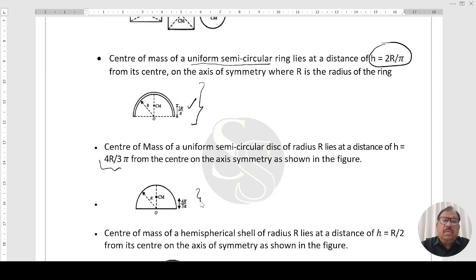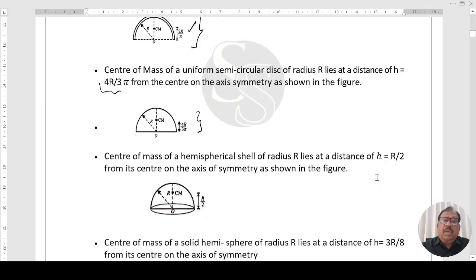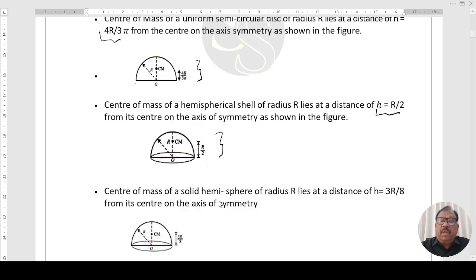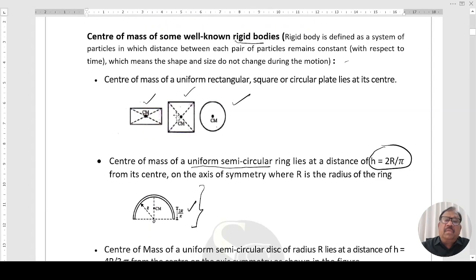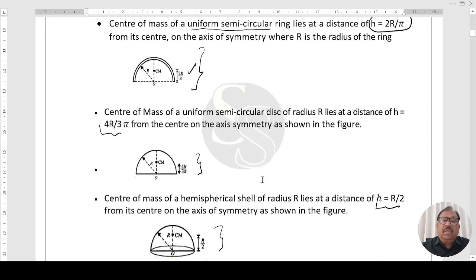Center of mass of a hemispherical shell of radius r lies at a distance of h equal to r by 2. Center of mass of solid hemisphere of radius r lies at a distance of h equal to 3r by 8. These are rigid bodies and center of mass is given here.